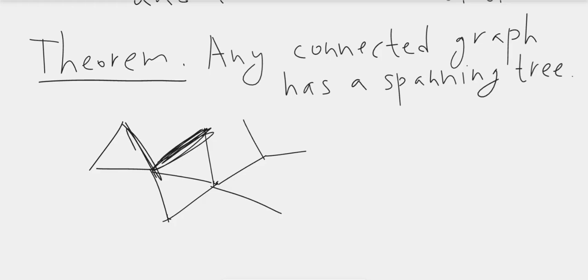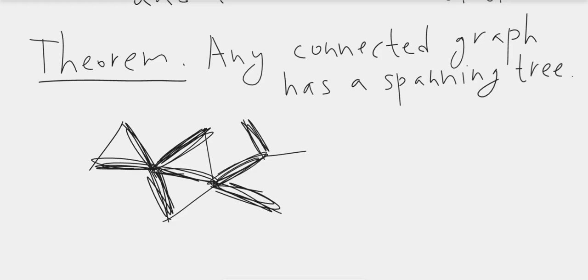So this, this, this, this, this, this, this, and this. So basically, we take all edges except this one that I didn't highlight. We directly see that it doesn't have cycles, and it contains all vertices of the original graph. So this is a spanning tree.